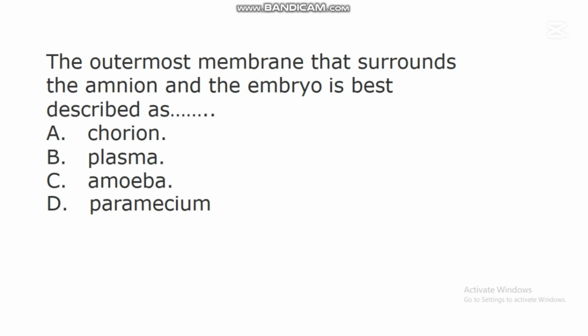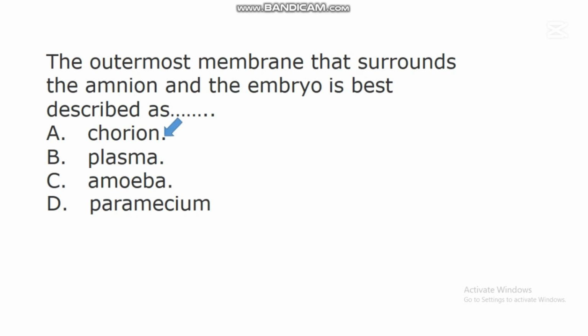The first question says, the outermost membrane that surrounds the amnion and the embryo is best described as dash. A. Chorion. B. Plasma. C. Amoeba. D. Paramecium. In this question, the correct answer is A. Chorion.